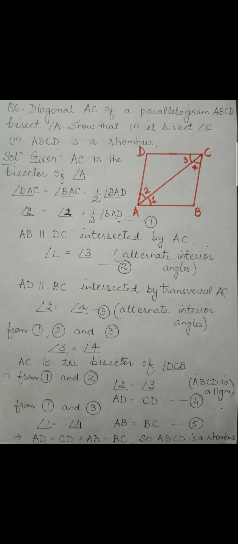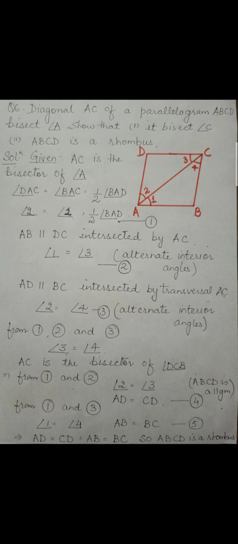Now we have to prove ABCD is a rhombus. Now again we are using equations 1, 2, 3. So first we are using equations 1 and 2. In 1 and 2, angle 2 is equal to 1 and 1 is equal to 3. That means angles equal to the same angle are equal to one another.